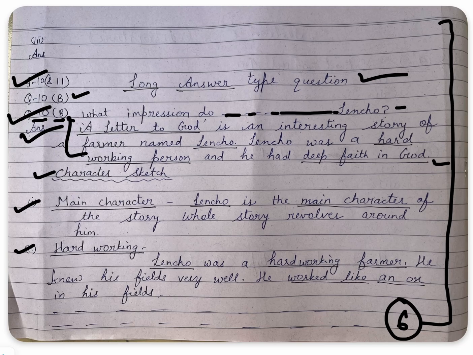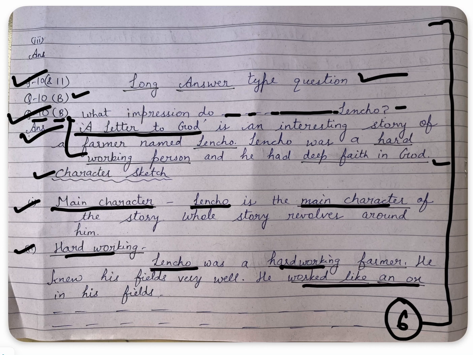Once you are done with your paper, just underline the main points. For example, here I have underlined main character, Lencho, hardworking, works like an ox, farmer. In this way you can highlight and underline the main points.